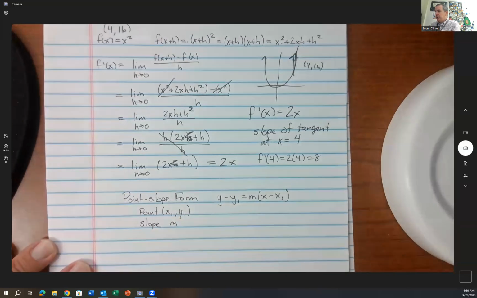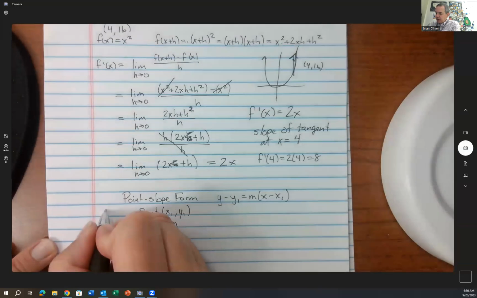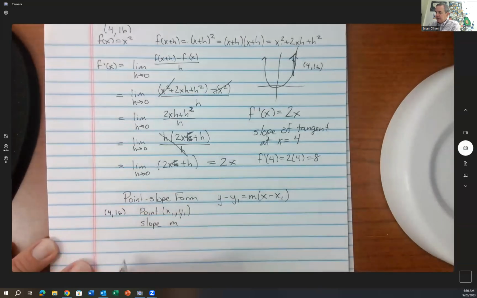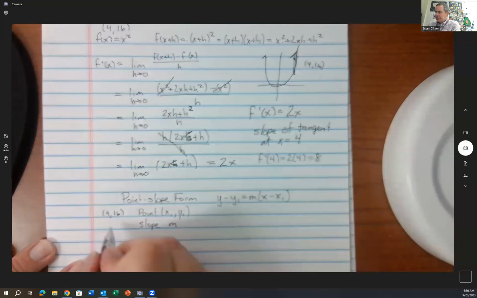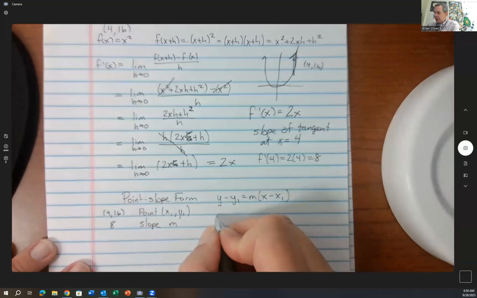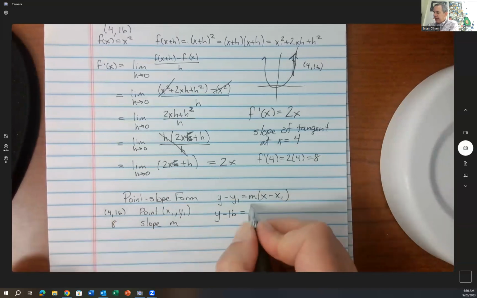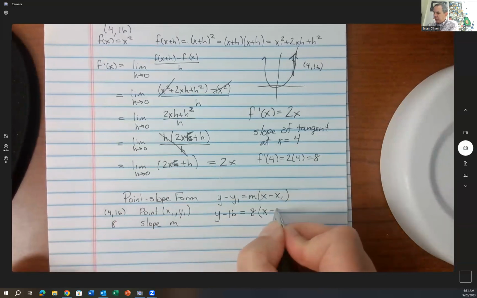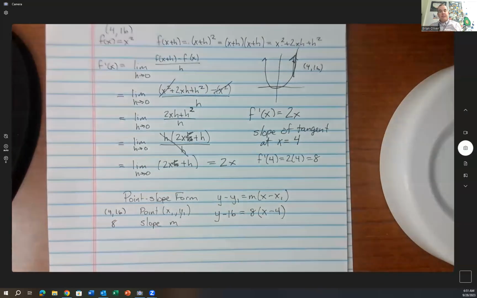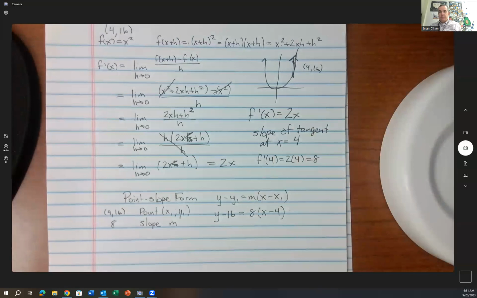That's my m. So my point here is 4, 16. My slope from up top is 8. So the equation of this tangent line is y minus 16 equals 8 times x minus 4. And I stop. I will leave things in point slope form. That's the equation of this tangent line that hits the curve.